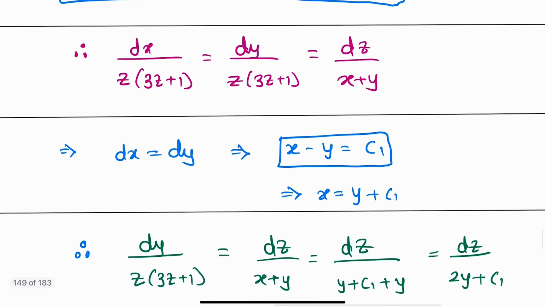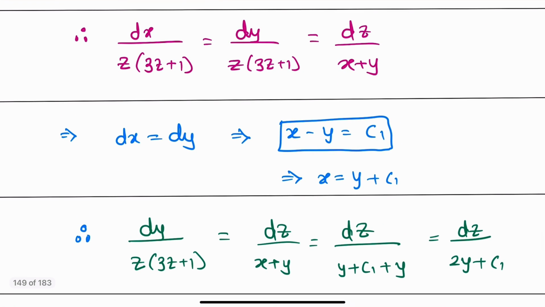Similarly, now if we see, it is difficult to separate these things. So from this particular equation, x minus y equals c1, let us take x equal to y plus c1 and substitute it here.